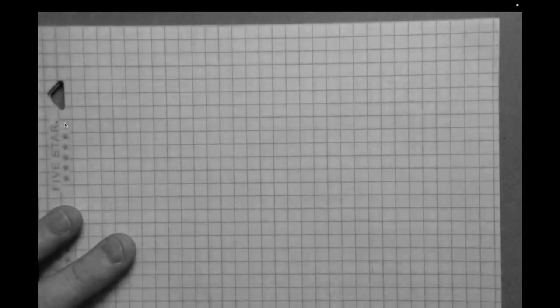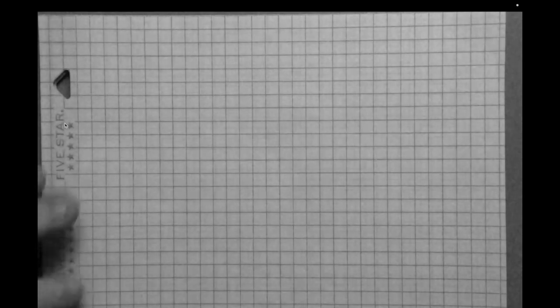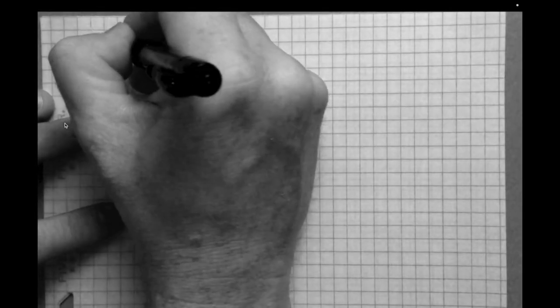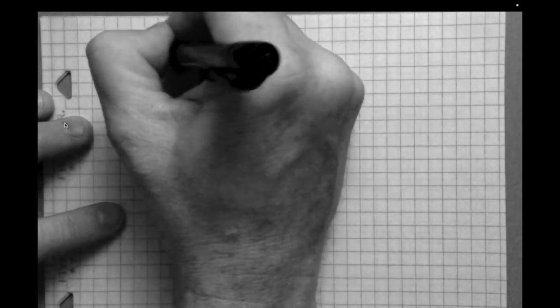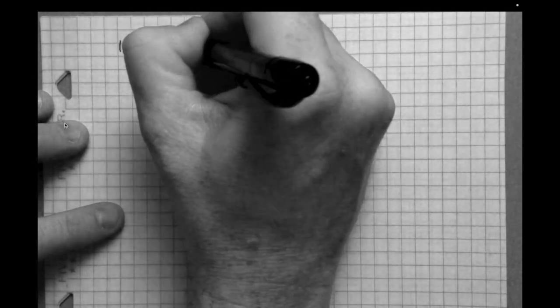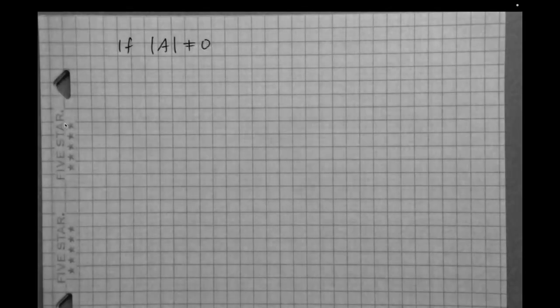For the next item, I'm going to set up the demonstration ahead of time, and we'll land on the statement itself. So start with this idea of a matrix A with a determinant being non-zero.